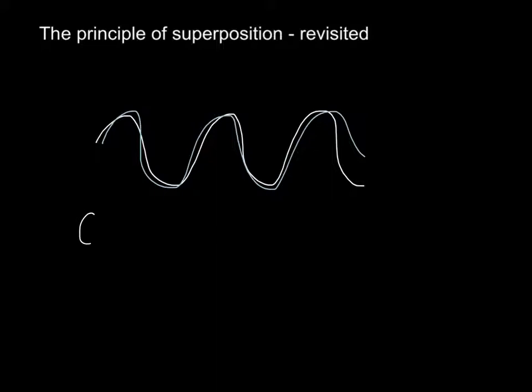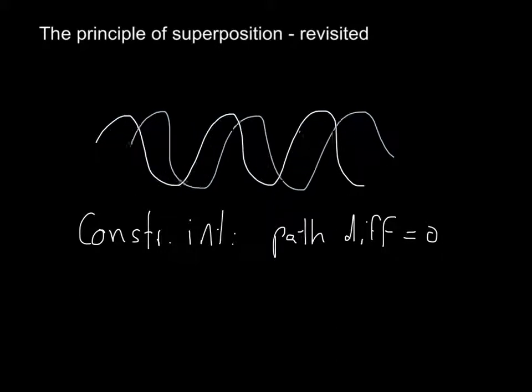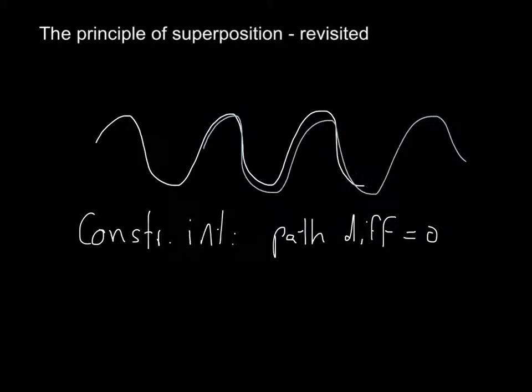So for constructive interference, we get path difference of 0, but we also get it if I keep moving this thing to the right. We also get it when the path difference is one wavelength. So 0, one wavelength.